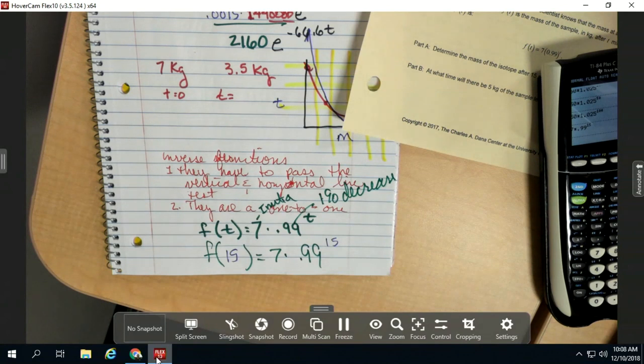But the 0.99 is also the ratio of the new to the old if the values are 1 apart. If we went to 1 second, we would be able to find out how much there would be at 1 second.